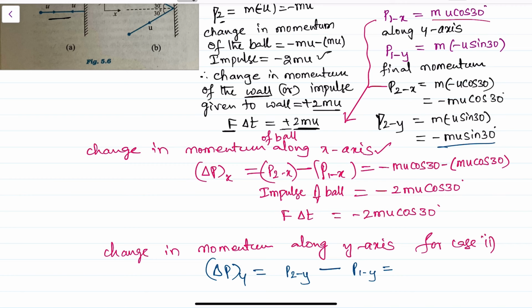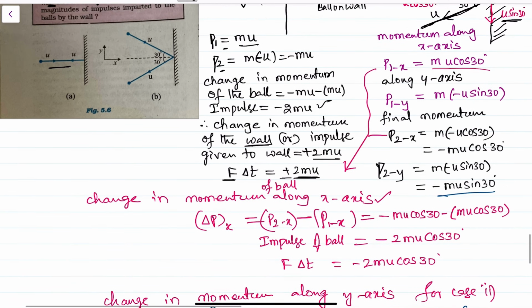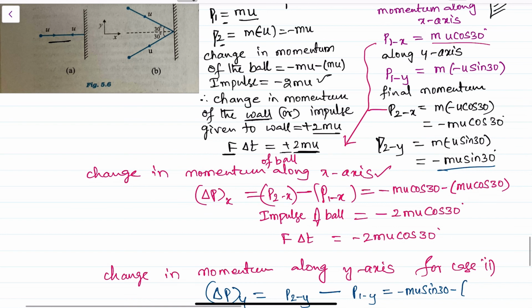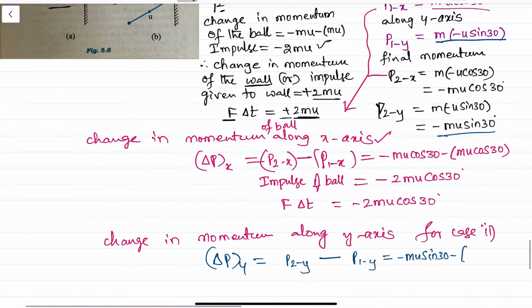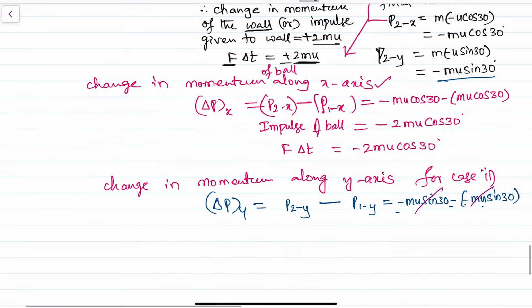P2y equals minus mu sin 30, minus P1y. P1y is minus mu sin 30 again. So minus of minus gives plus: minus mu sin 30 plus mu sin 30 cancel each other. So the change in momentum along the y-axis is equal to 0 in the second case.